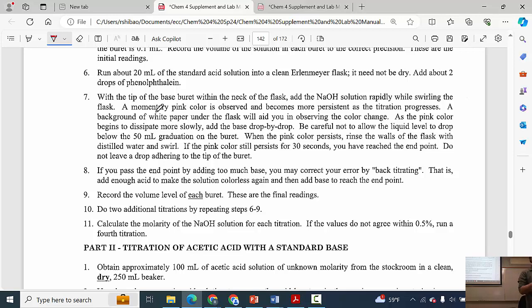All right, I have no idea how much base it's going to take, and so the first one's going to be a throwaway. I'm not even going to bother trying to get this to 1 drop. I'm just going to let it drain in here and then watch the color, to see when the color turns pink.